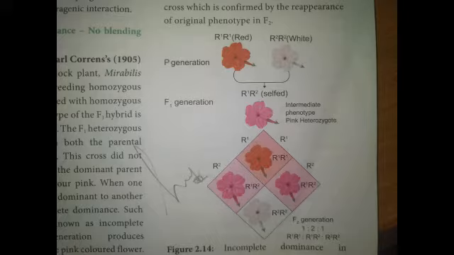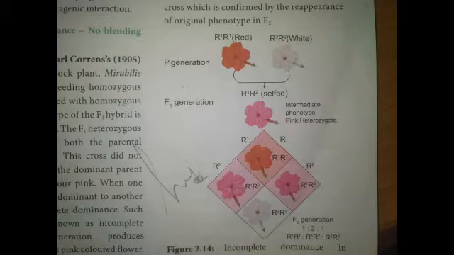The R2 allele does not have the ability to produce the red color enzyme. It has a defective enzyme and is unable to produce the color, so the flowers are white. The R1R2 genotype produces only enough red pigment to make the flower pink in color.